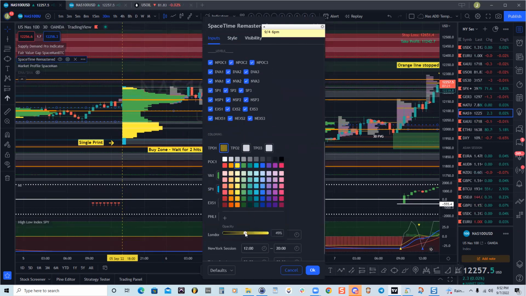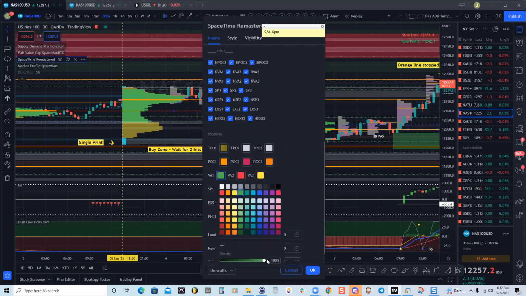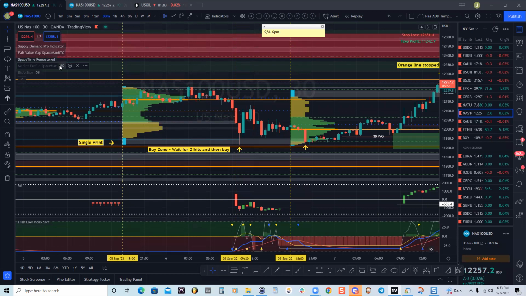Maybe the yellow, green. Yeah, there we go. And then maybe the green all the way down like this. Yeah, about that. You can see the candles inside there, but they're really hidden. Anyway, I'll probably get rid of this. I don't need that. All right.